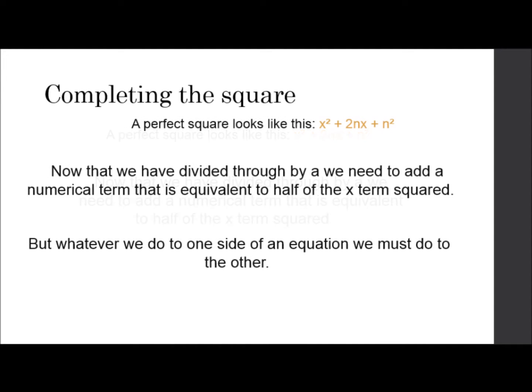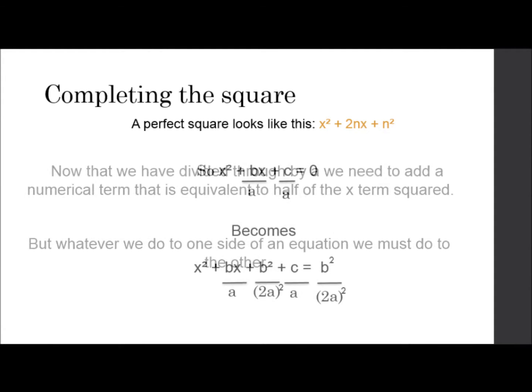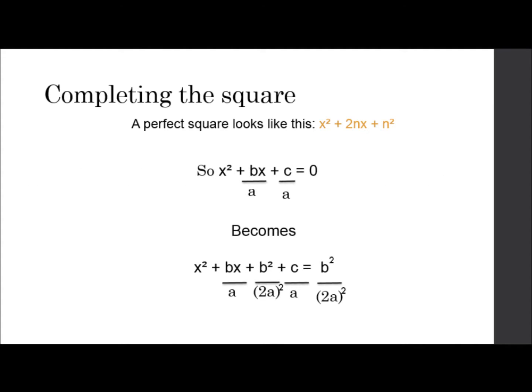But we must remember that whatever we do to one side of an equation, we must also do to the other side. So our x squared plus b over a x plus c over a equals 0 becomes x squared plus b over a x plus (b over 2a) all squared plus c over a is equal to (b over 2a) all squared.